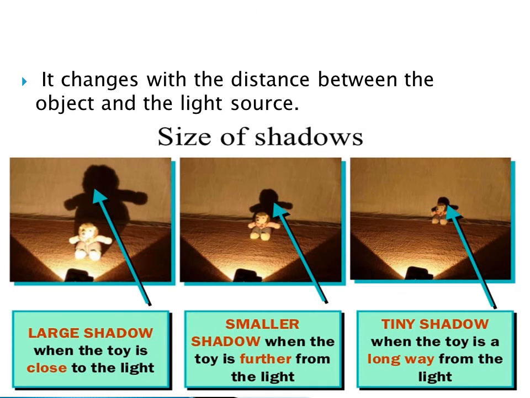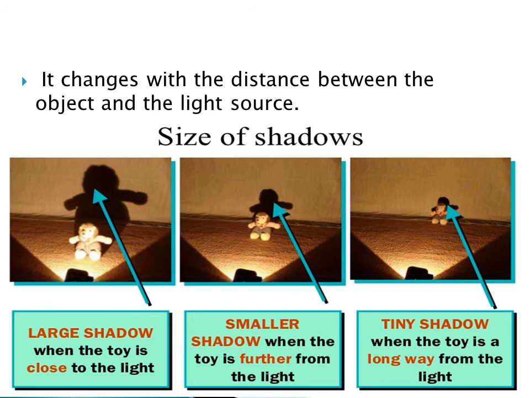Can you play this with me? Bring a toy and a torch, right? And I'm going to make the room very dark, and I'm going to use the torch and put the toy in the first picture here, close to the light, and look at the shadow.